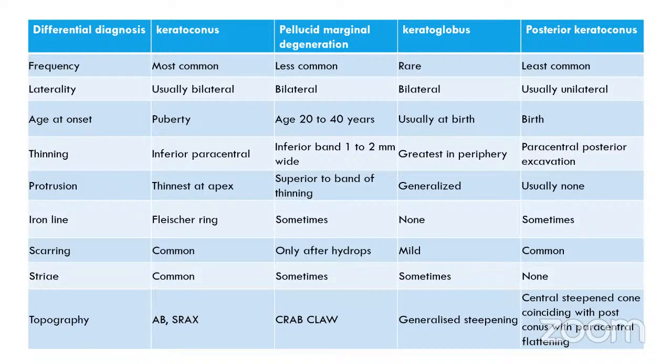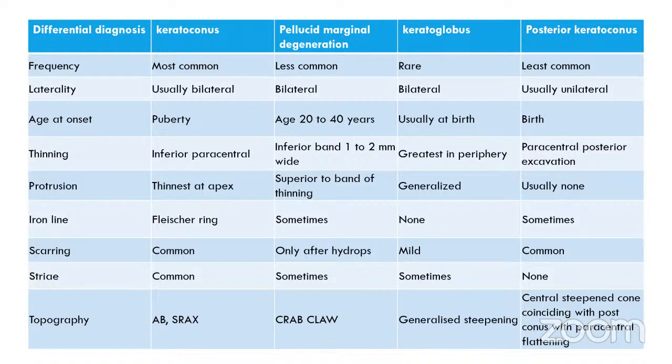Thinning is seen in the inferior paracentral area in keratoconus. An inferior band 1 to 2 mm wide is seen in PMD, and it is greatest in the periphery in keratoglobus, and paracentral posterior excavation is seen in posterior keratoconus.